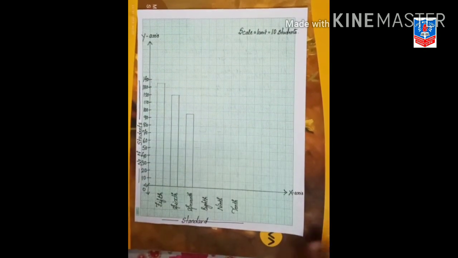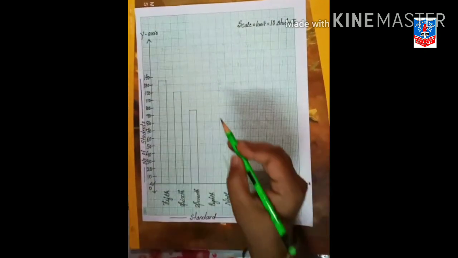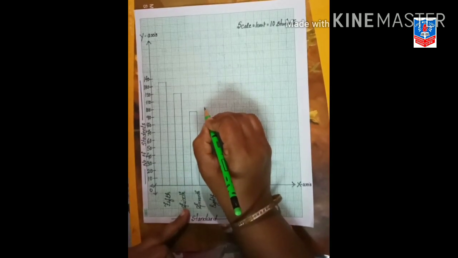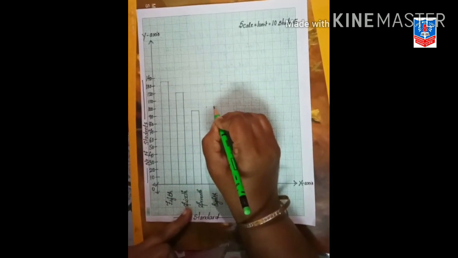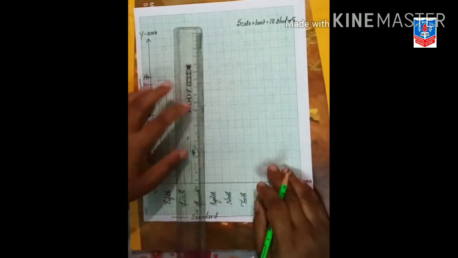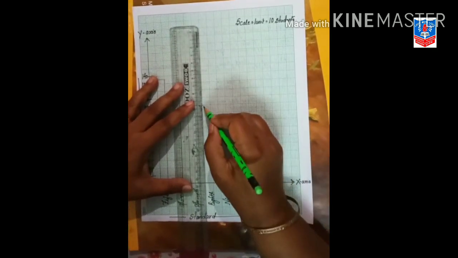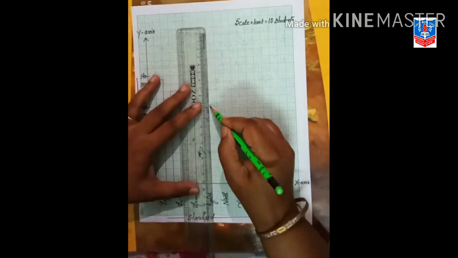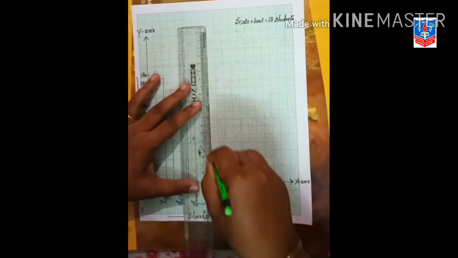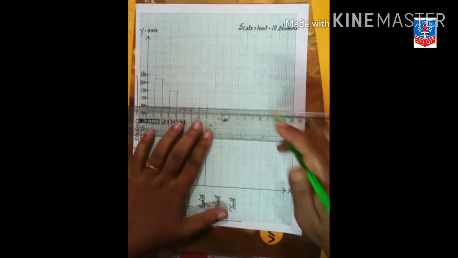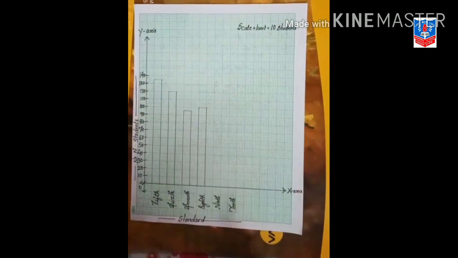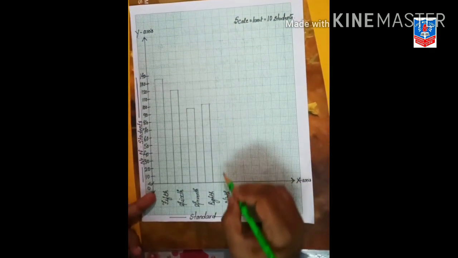Eighth standard, there is 100 students. Now see, 100. Ninth standard, there is 90 students.